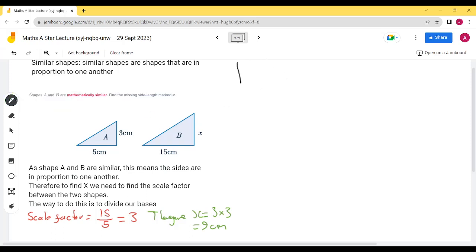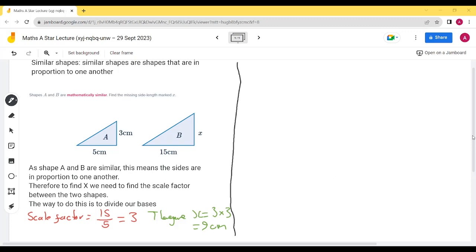But normally that's all you're going to get on a similar shaped question in the foundation exam. It's just a case of understanding that terminology. I don't tend to see questions on similar shapes in the foundation go beyond that in terms of difficulty, to be honest.